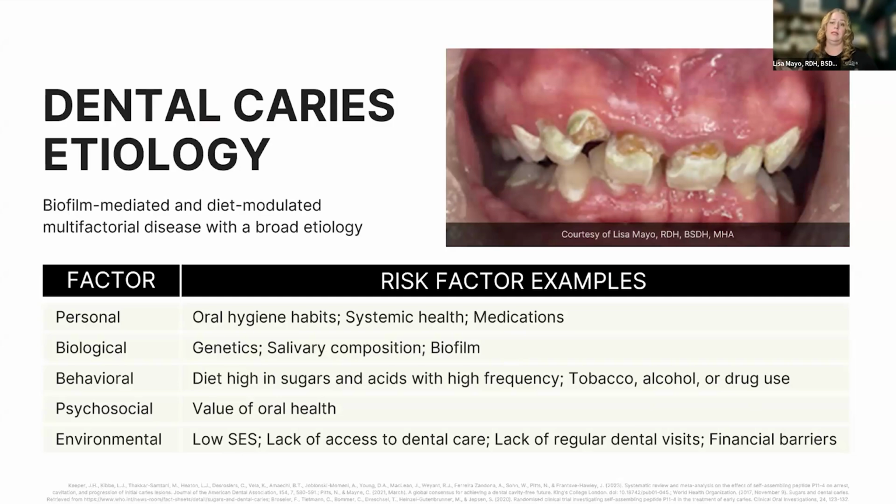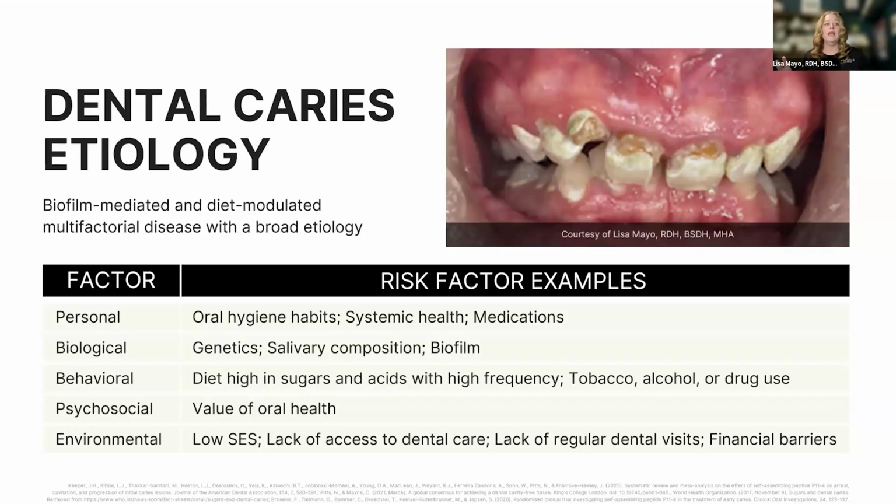This is actually a 16-year-old adolescent patient, and what caused most of her decay was what I call non-modifiable factors. If you're looking at this graph as I'm speaking, you'll start noticing that some of these things on this list are modifiable, meaning I can change somebody's oral hygiene habits. I can teach them how to brush better. But what I can't change is their genetic predisposition. That's a non-modifiable factor for dental caries.